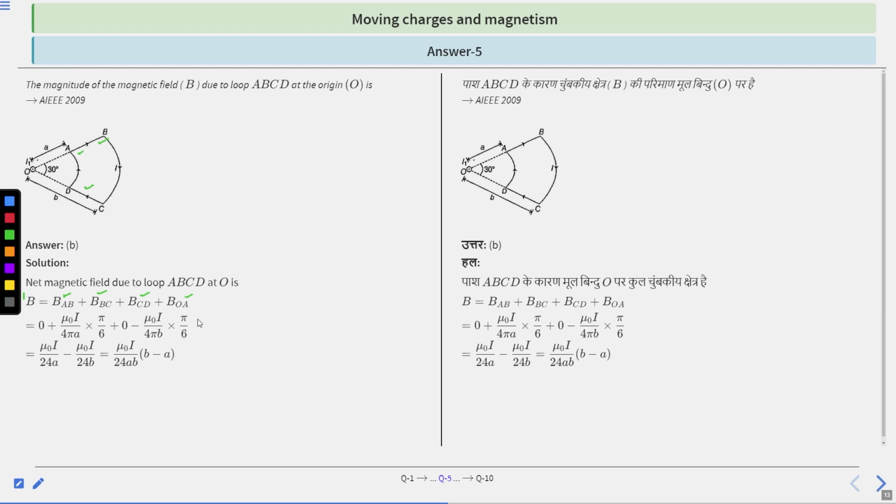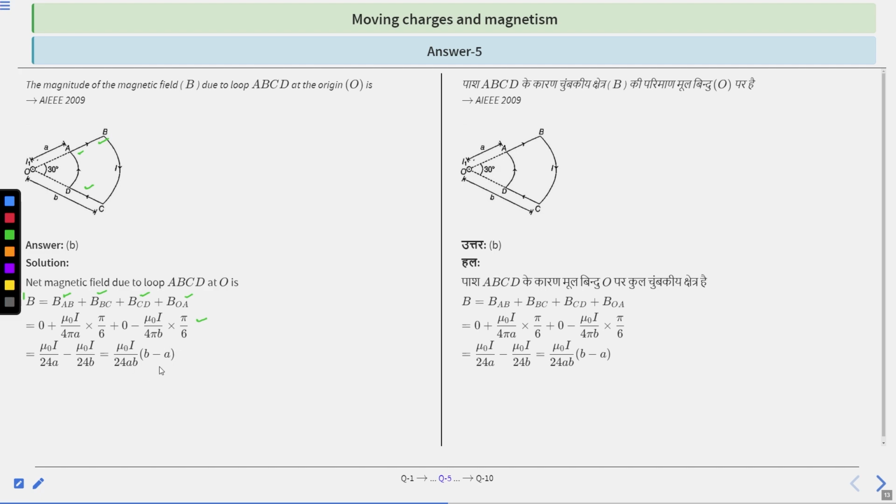So calculating these terms, you will get mu naught I divided by 24A minus mu naught I divided by 24B. Here A is the radius of this loop and B is the radius of this loop. So the final calculated answer is mu naught I divided by 24AB, times (B minus A).